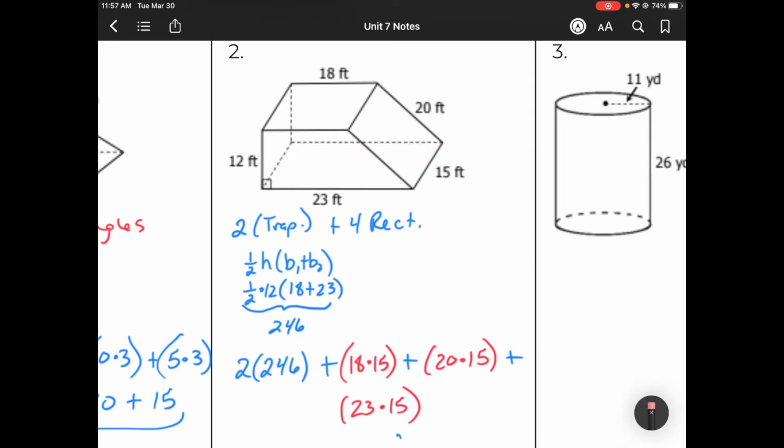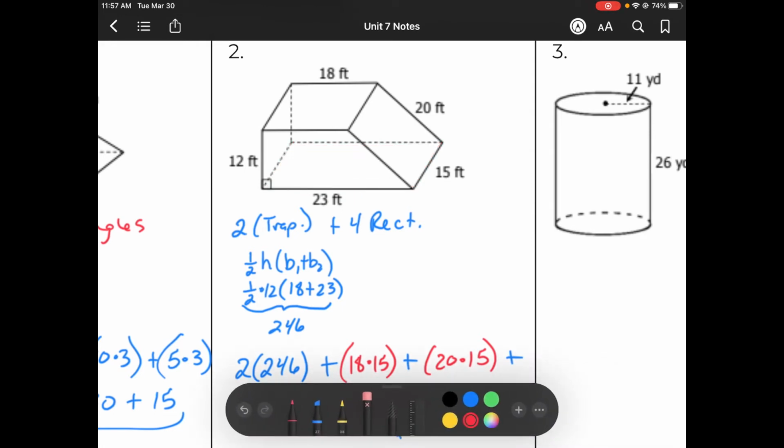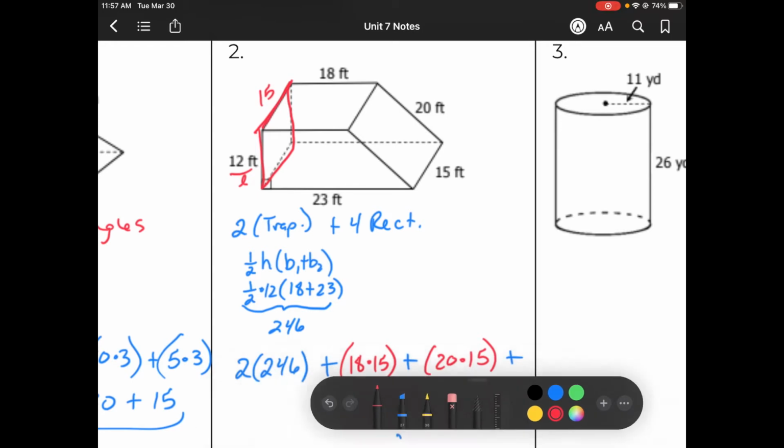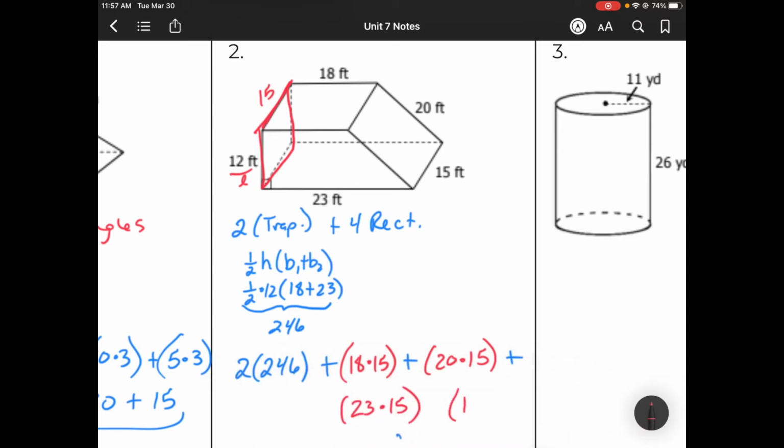And then we have one more rectangle, and that's over here on the side, which has a length of 12 and a width of 15 again. So 12 times 15.